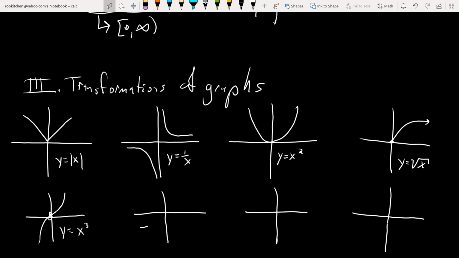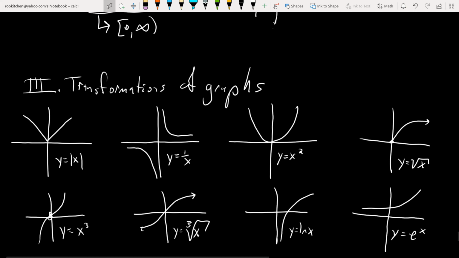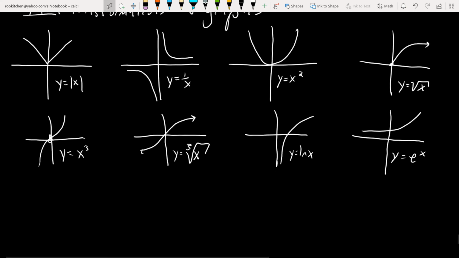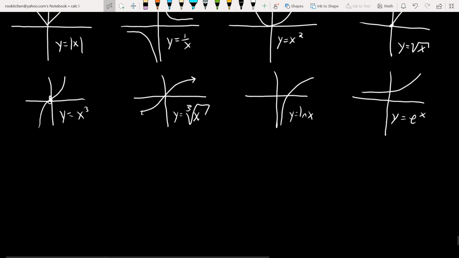Its inverse, the cube root of x. And what else? Exponentials. Sure. Here's a logarithm, y equals ln x. We'll study that more later. The exponential, y equals e to the x. Okay, on and on. And the sine curves, you can think of those as fundamental shapes.